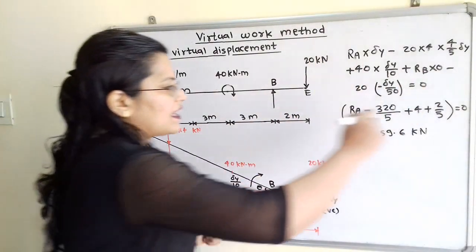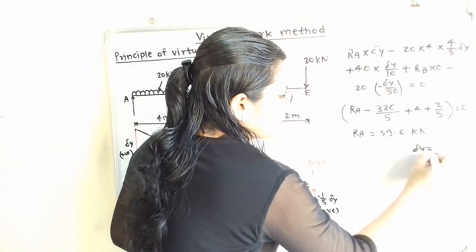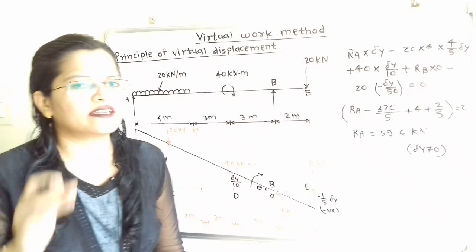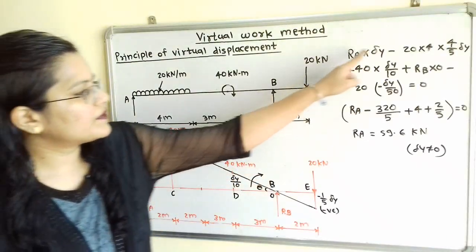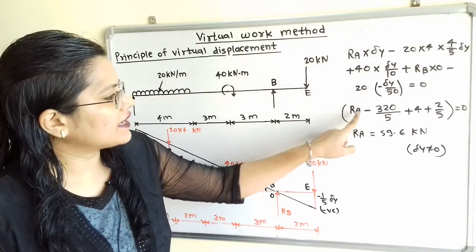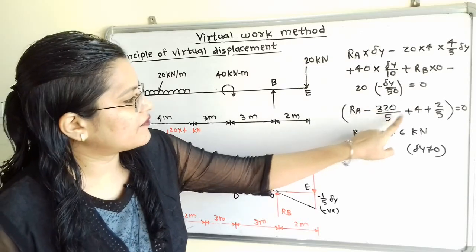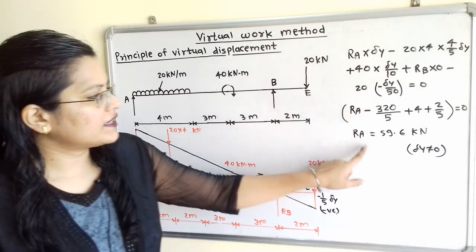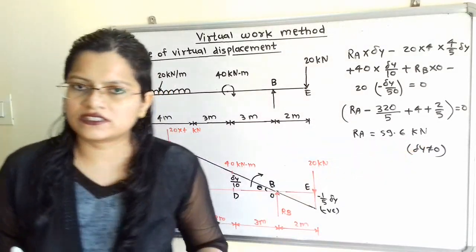So we know that delta y is not equal to 0. So we can transfer this delta y to the right hand side and it will become 0. So we will solve this. Then it is Ra minus 320 by 5 plus 4 plus 2.5 is equal to 0. So Ra is equal to 59.6 kilonewton.